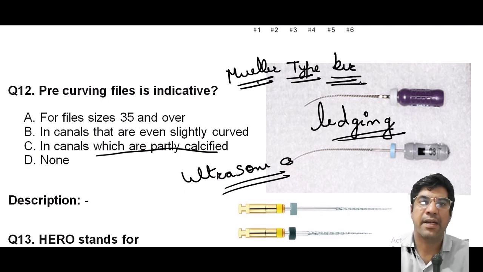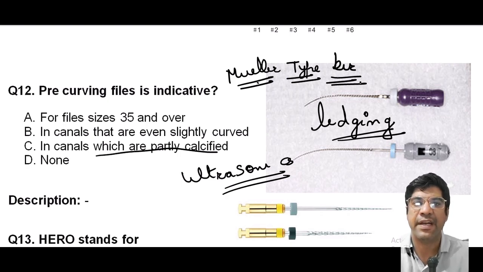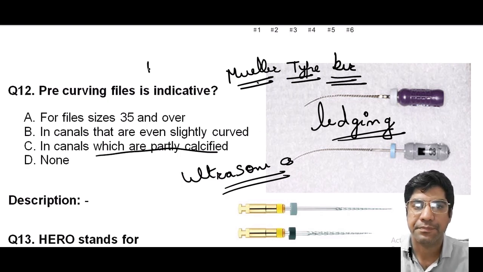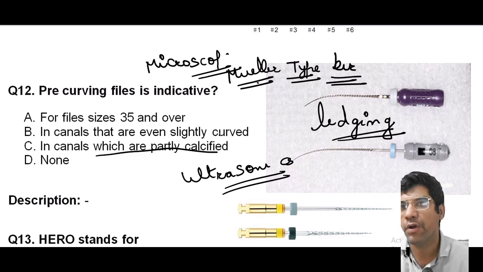The ultrasonic vibration helps to break down and remove the calcified deposit. Apart from that, we can use a microscope that would enhance the visibility. So your answer is B.